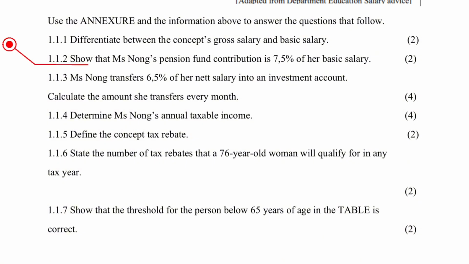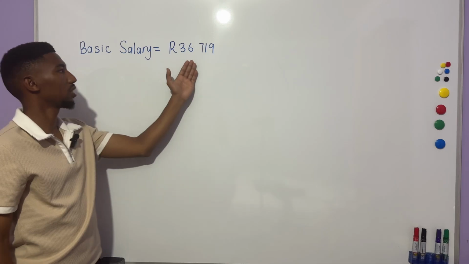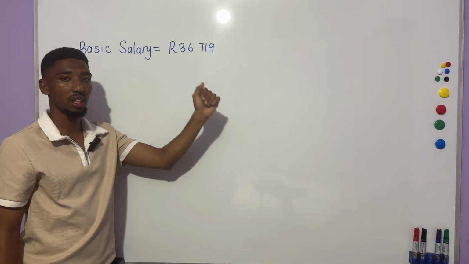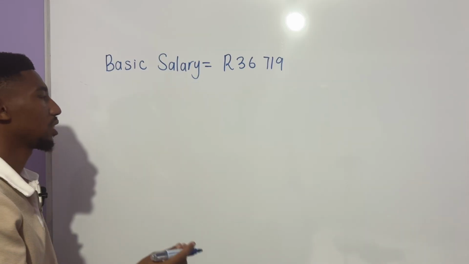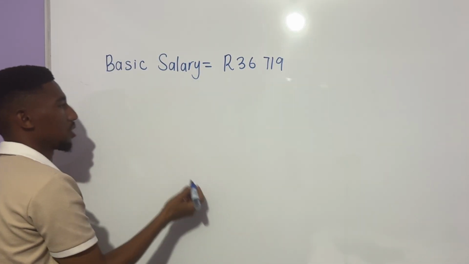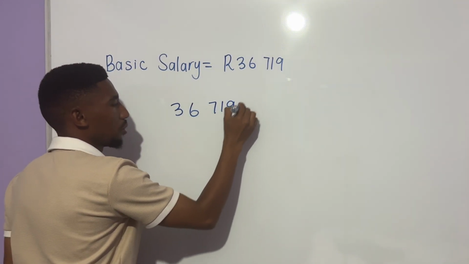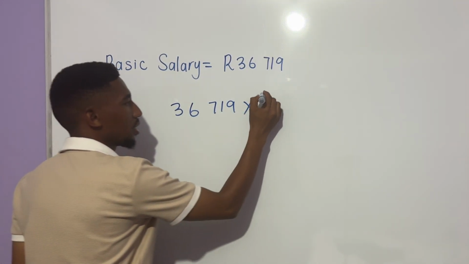1.1.2 says, show that Ms. Nong's pension fund contribution is 7.5% of her basic salary. So, firstly, we need to take the basic salary. We need to find what that is. That is 36,719. So, they are saying that the pension fund is 7.5% of this. So, we're going to take our basic salary and find the 7.5%.